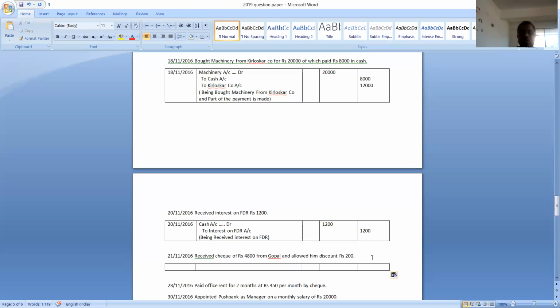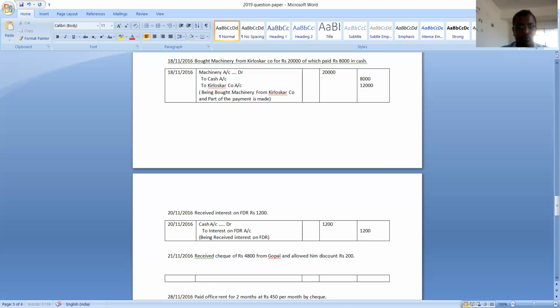Before this, I wish to write one more sentence, because I want to show you how this discount should be treated: received rupees 4800 from Gopal and allowed him discount rupees 200.